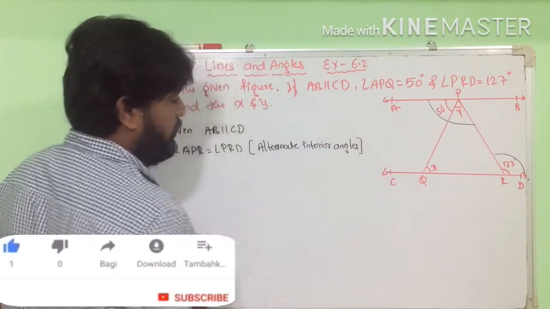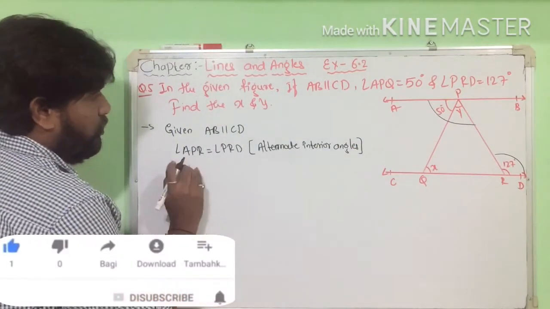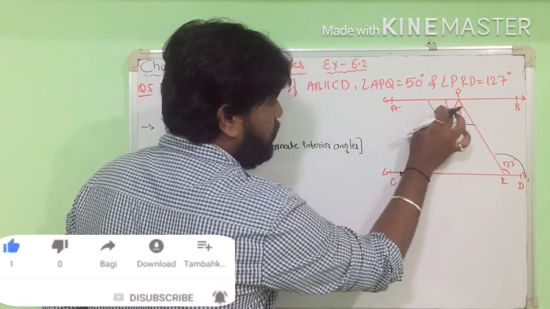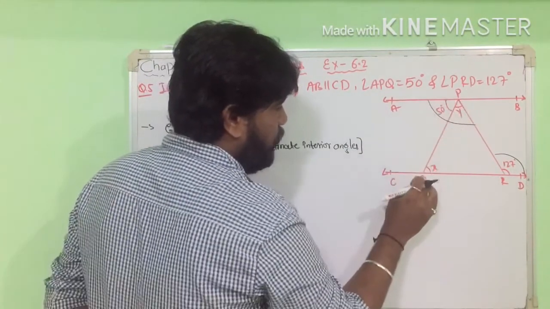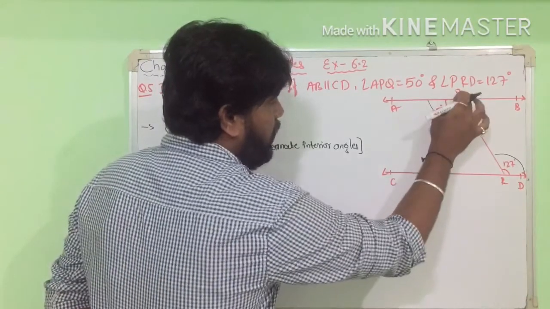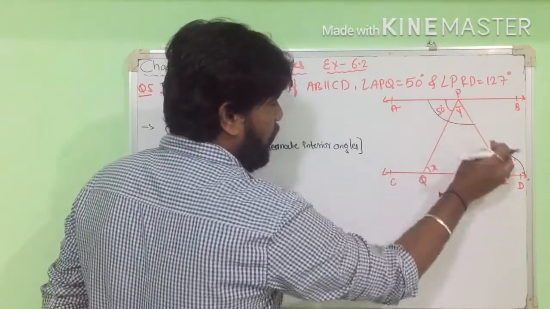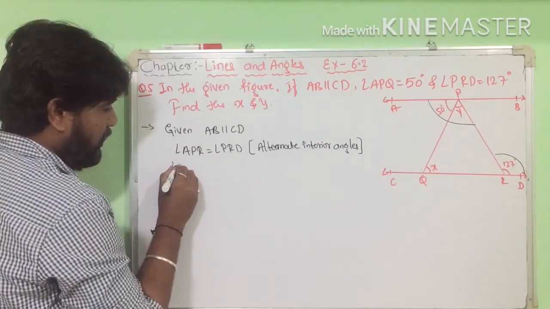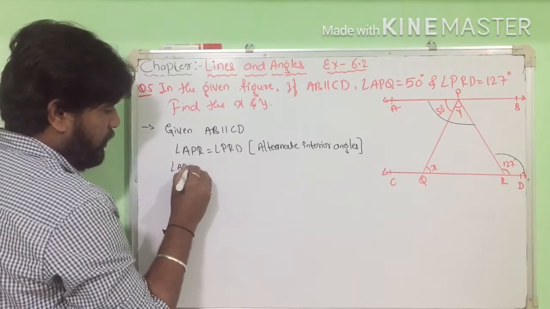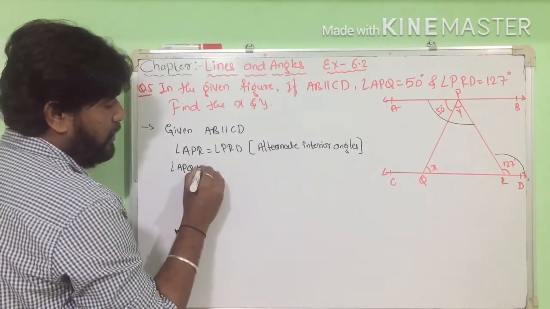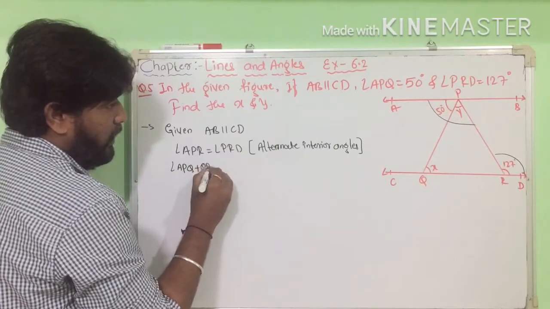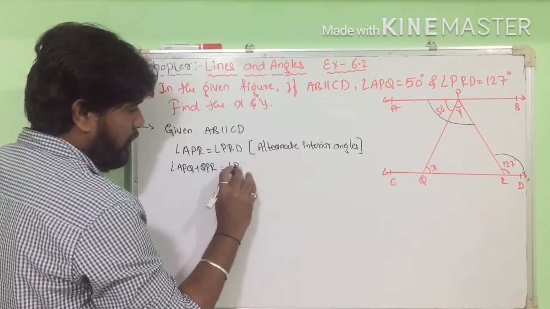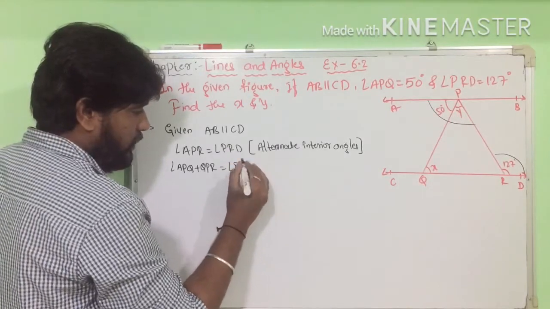Alternate interior angles. So here, see here, angle APR we can write as the sum of these two angles, APQ and angle QPY. It means Y, right? So we can write angle APQ plus angle QPR is equal to angle PRD, right?